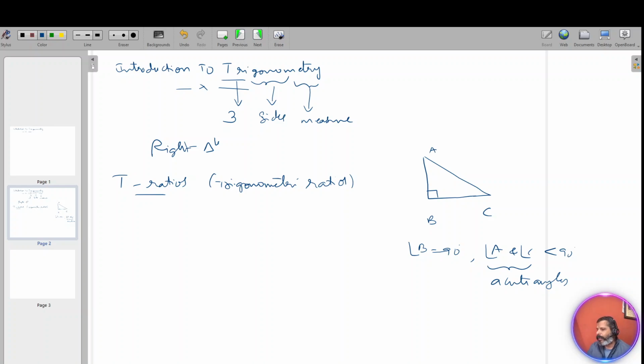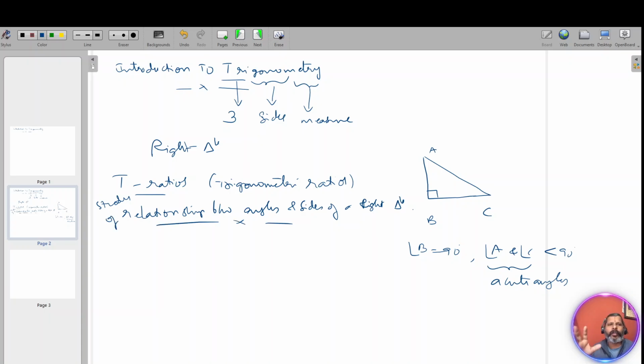It is nothing but a study of the relationship between the angles and sides of a right triangle. Trigonometric ratios are a study of the relationship between the sides and the angles.